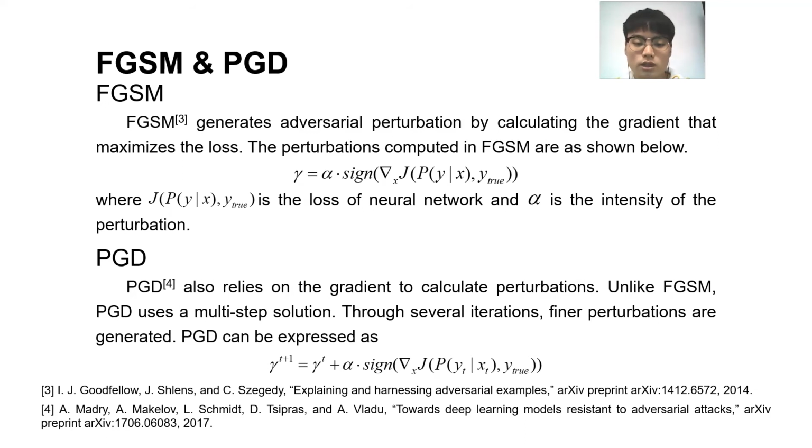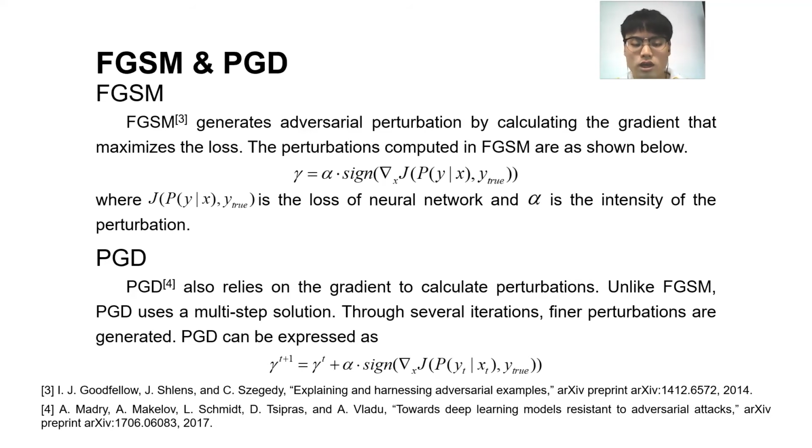FGSM uses the reverse transfer mechanism of deep learning by calculating the gradient that maximizes the loss. Adversarial perturbations of FGSM can be generated. PGD also relies on the gradient to calculate perturbations.